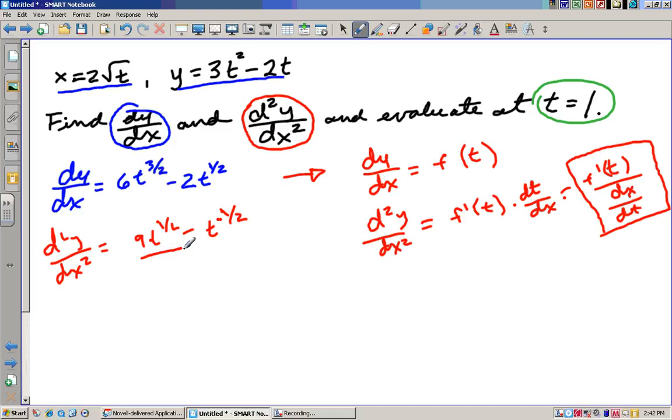And now you need to divide that by dx/dt, which if you remember was t to the negative 1/2. Now when we simplify it, we're going to get 9t minus 1. This is our second derivative.